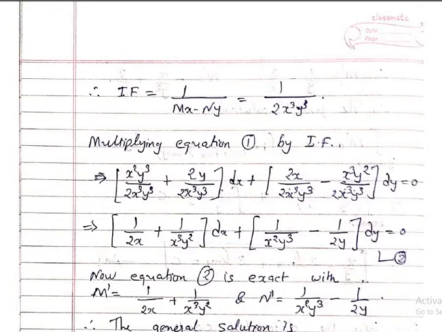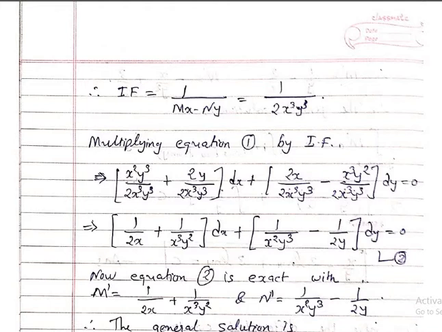So you have this equation: (x square y cube upon 2x cube y cube plus 2y upon 2x cube y cube) dx plus (2x upon 2x cube y cube minus x cube y square upon 2x cube y cube) dy is equal to 0.